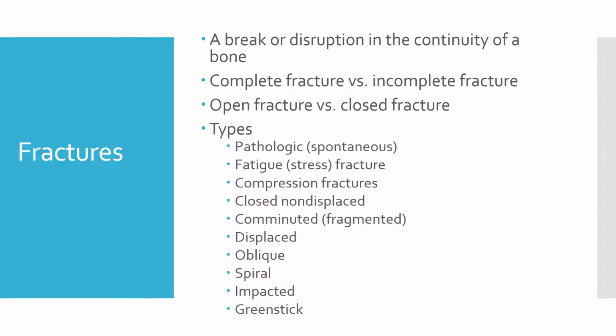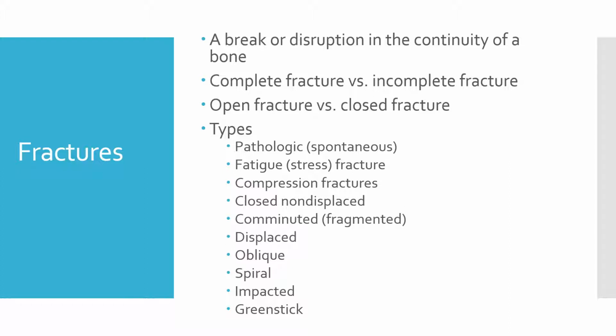Stress fractures are commonly seen in recreational and professional athletes, specifically running. You have a closed non-displaced fracture, in which the bone doesn't protrude through the skin and it isn't out of alignment. Anytime you hear non-displaced, that is a good thing. That means that the bones are still aligned.